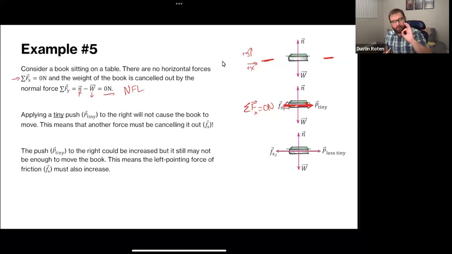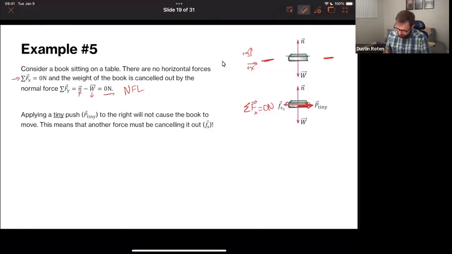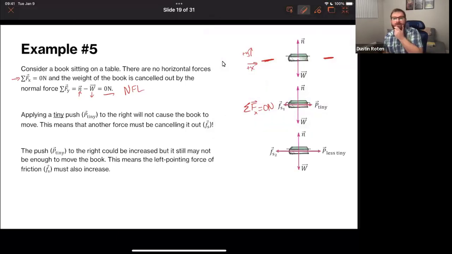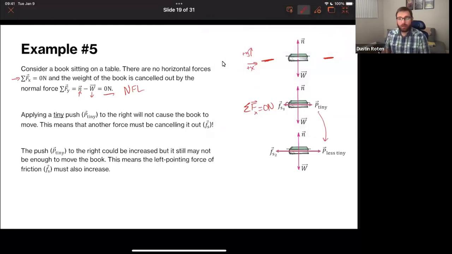Okay, well, look at what happens here. I can give it a little more push. I can increase my push and make my push less tiny. So you'll notice that my push vector gets a little bit longer because I'm pushing a little bit harder. And look at what happens here.